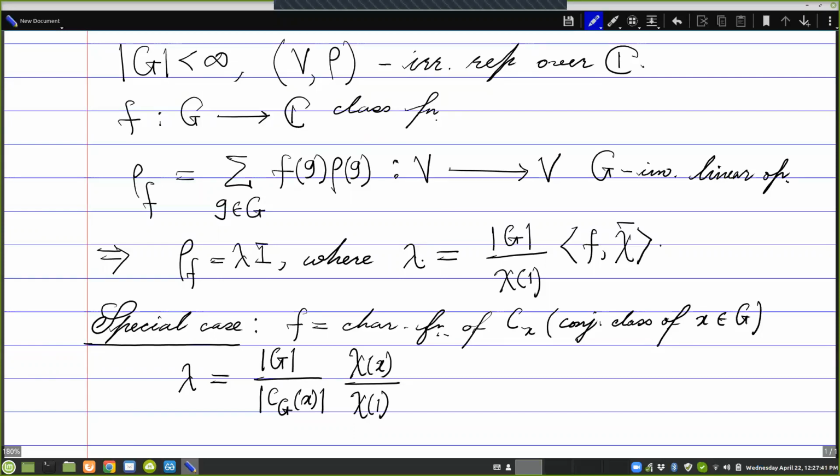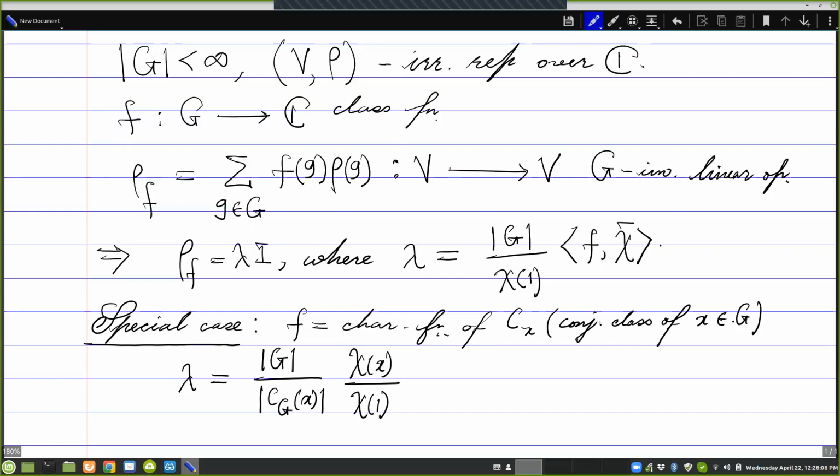Now we will just consider a special case of that. In the very special case when F is the characteristic function of the conjugacy class of a group element x, that is, you just take a group element x, consider its conjugacy class, and take the characteristic function of that class, which takes the value 1 identically on C_x and 0 elsewhere.